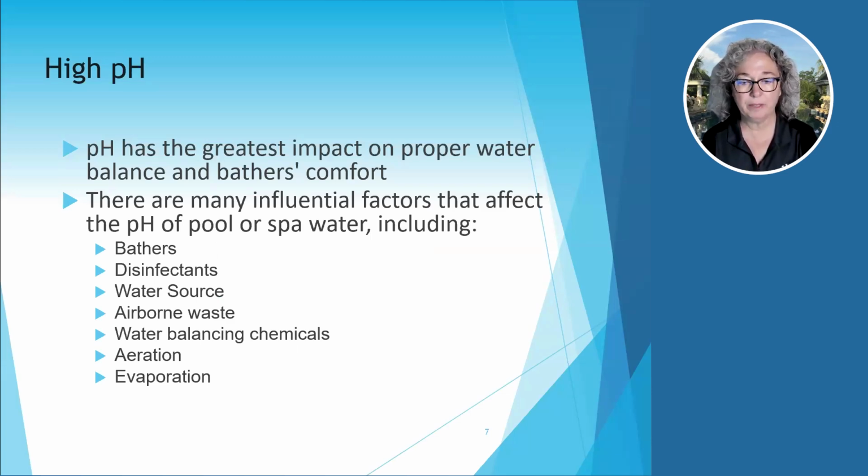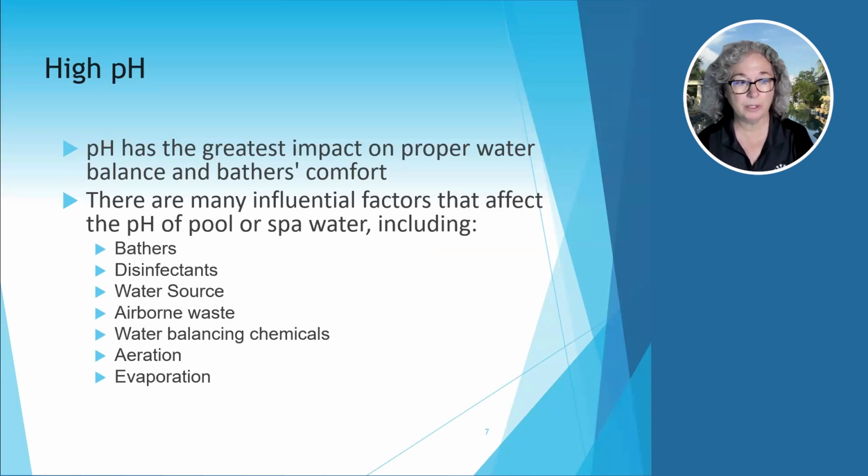There are many influencing factors that affect the chlorine levels in the water and the pH. Bathers: we introduce a lot of organics in the water when we enter the pool. Disinfectants: for example, with chlorine the byproduct is salt, with cal-hypo the byproduct is calcium.